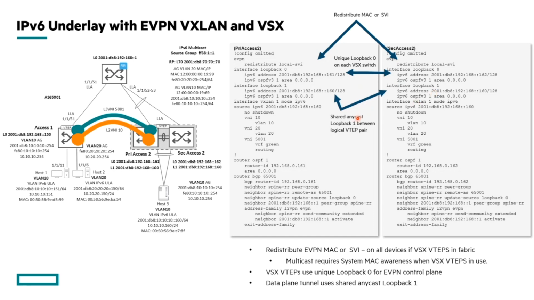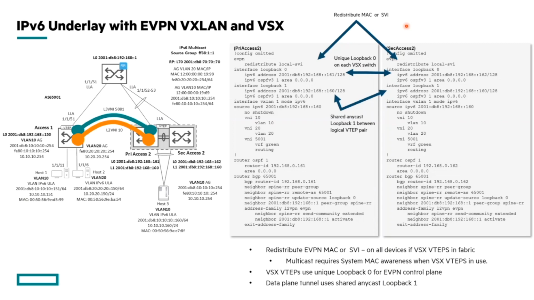Effectively, you can see that I've got the mode here, so there are no real differences. Something I wanted to call out is you must have the redistribute MAC or SVI, and please refer to the previous slide deck, part 1 of 2, on that. In summary, the reason we need to redistribute MAC or SVI is that multicast needs an awareness of the system MAC.